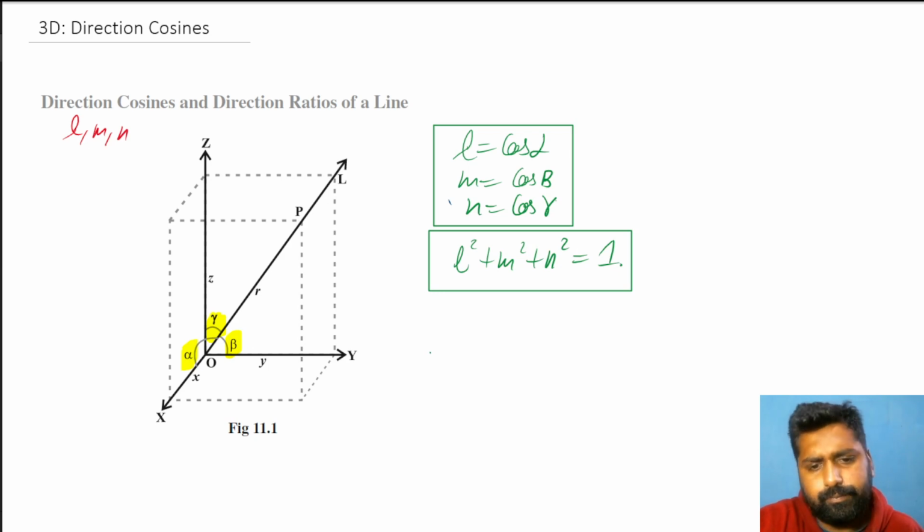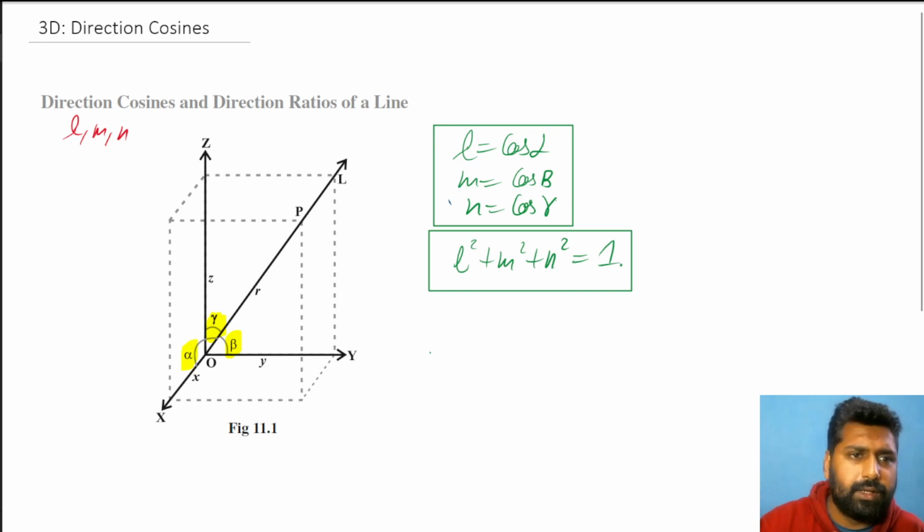Now, going to the basic point: for any line, you will have some sort of direction. We will call that direction b vector. So a line must have a direction in which it will go.